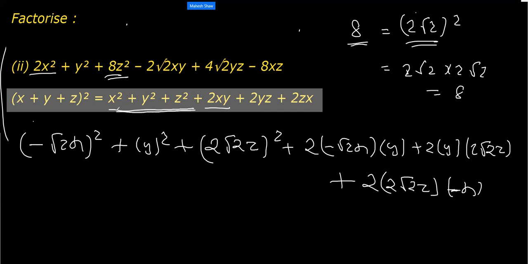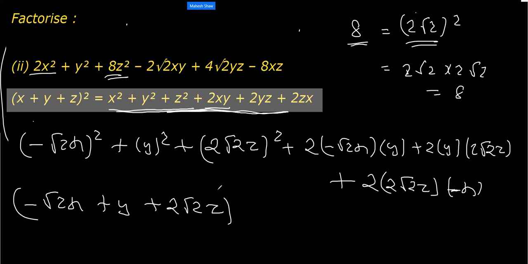Now, as we have written the question in the form of the RHS and we have to factorize, we'll write it in terms of the LHS. So clearly it is first term plus second term plus third term, whole square. That is (minus root 2x plus y plus 2 root 2 z) whole square.